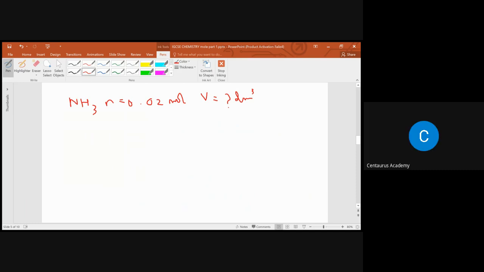It will be 0.02 times 24, right? The amount of moles will be multiplied by the standard molar gas volume. Okay, let's do another one. Whatever the answer comes up is going to be your answer in decimeter cube.